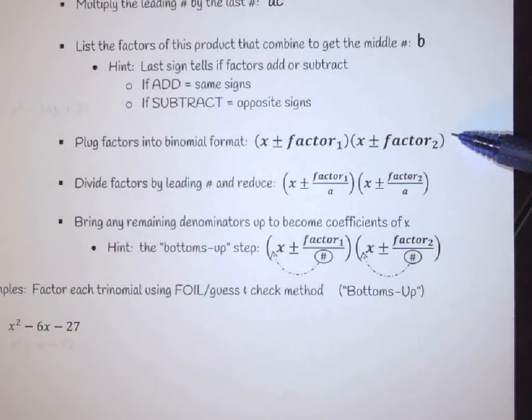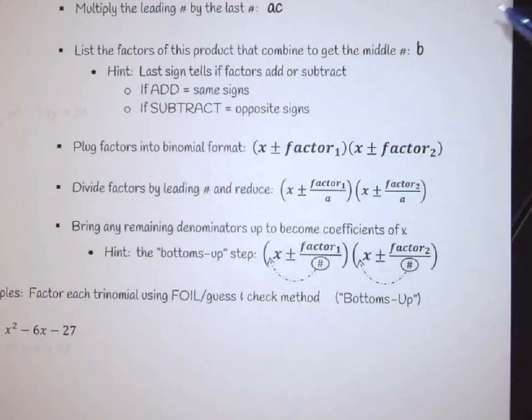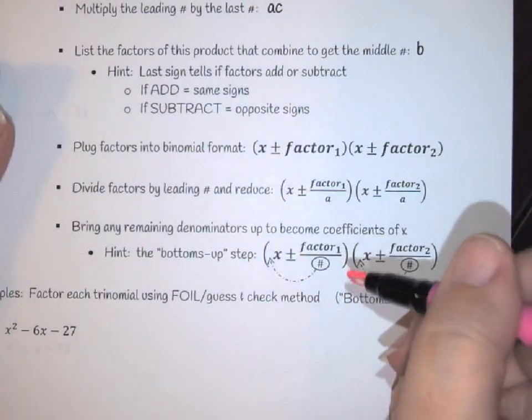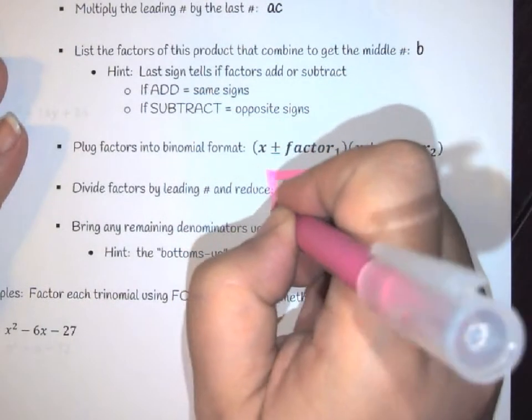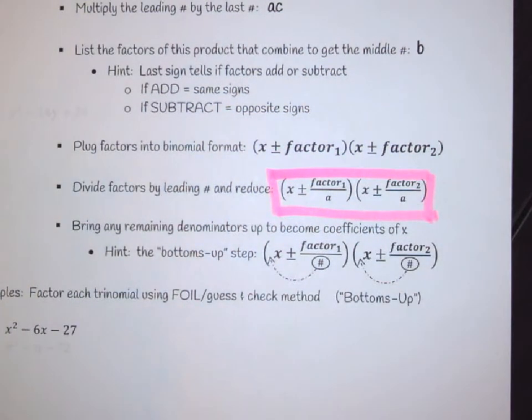And then you're going to do what's called setting up and completing the bottoms up step. So to set up says that your goal is to create factors that look essentially like this, where you're going to take the two terms that you found in your factor tree, i.e. the two terms that combine together and give you the B term, and that is your factor 1 and factor 2.